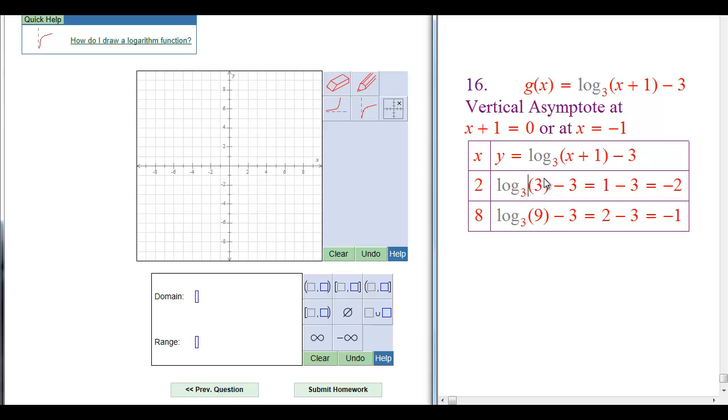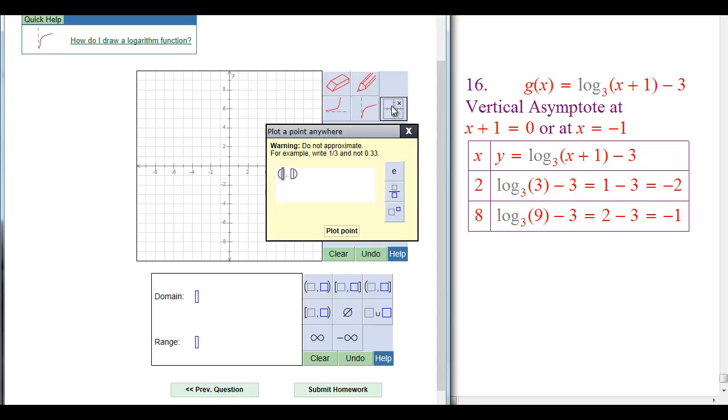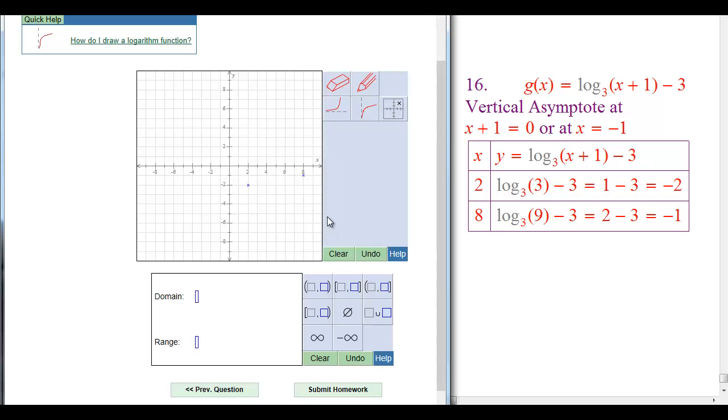And so log 3 base 3, 3 to the 1 power is 3, so 1 minus 3, which is negative 2. When you plug in 8, 8 plus 1 is 9, and so log base 3 of 9, 3 squared is 9, so that value is 2. 2 minus 3 is negative 1. So let's plot those points, and our asymptote is at negative 1. Make sure it goes through the point that you just plotted.